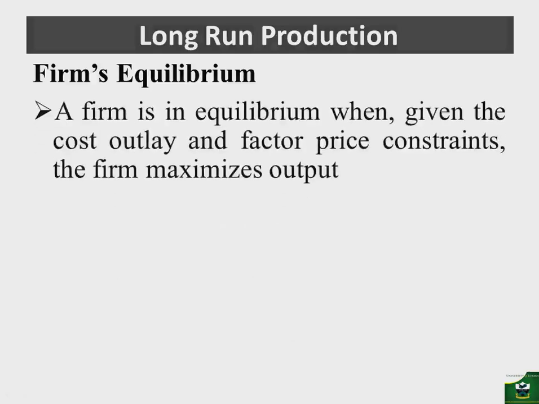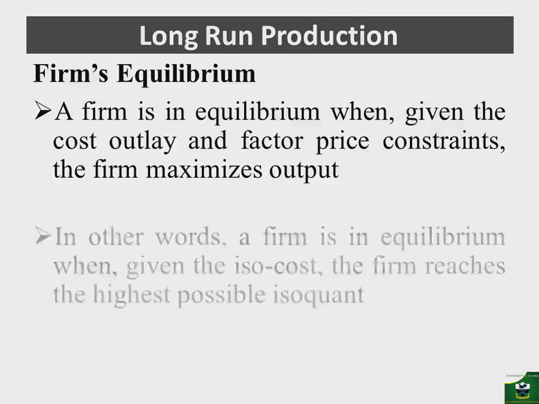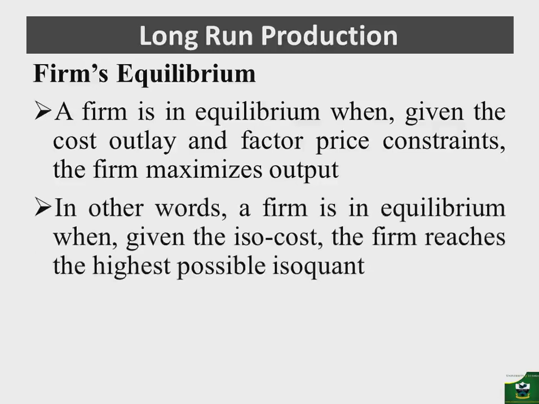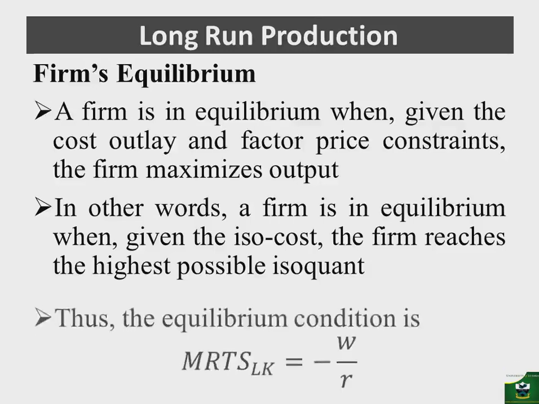Okay, so now a firm is in equilibrium when, given the cost outlay and factor price constraint, the firm is maximizing output. Now, how does the firm maximize output? A firm is in equilibrium when, given the isocost, the firm reaches the highest possible isoquant.